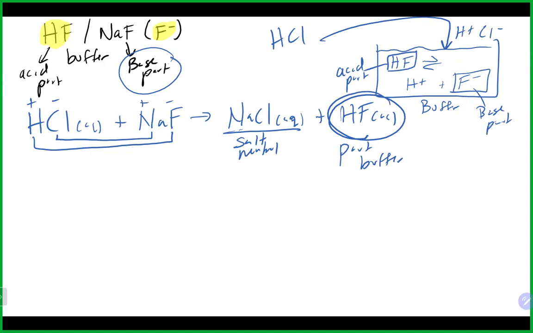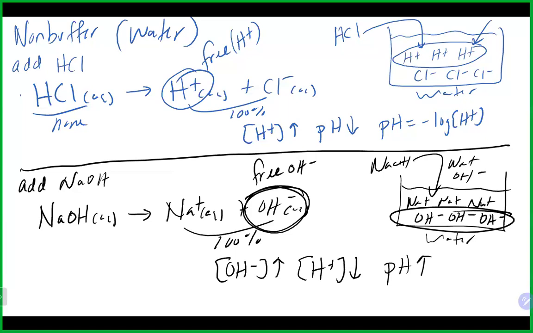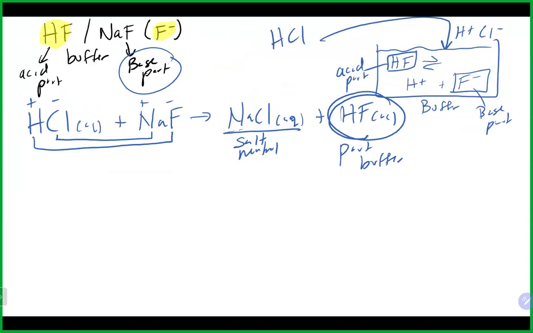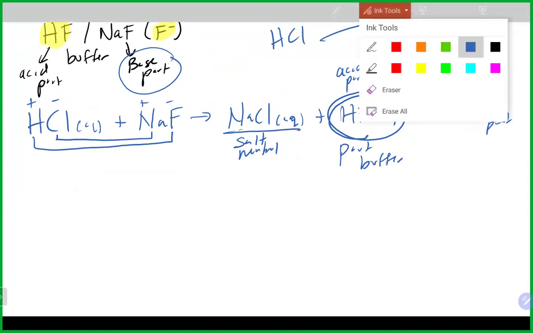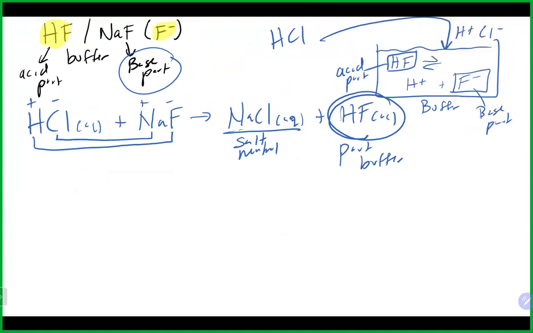What will happen is part of the buffer will react with whatever you're adding, and it will go and make the other part of the buffer. So you use a little bit of the buffer up, but then you make the other part of the buffer as well. But it is more important, in this case, what we do not see here.